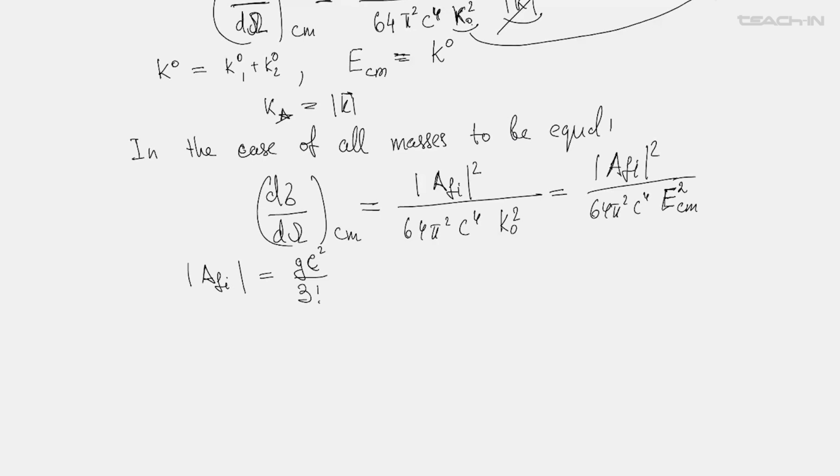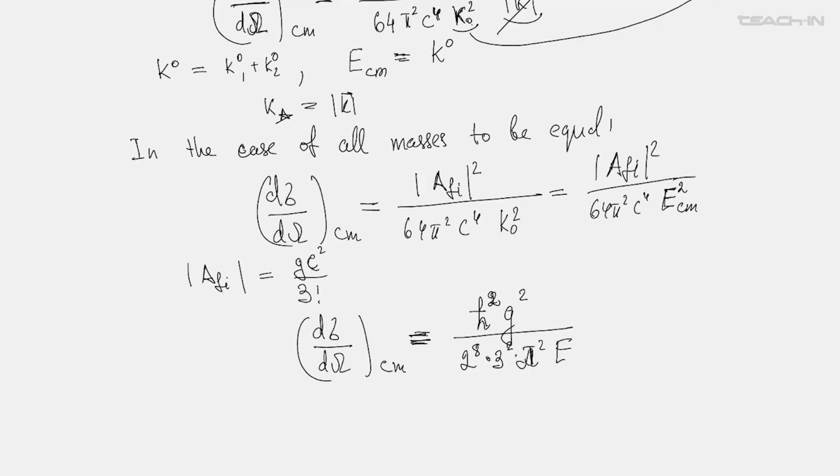If you substitute it into this formula, you get the differential cross section, the distribution dσ/dΩ. I now also restore all physical units: the powers of ħ, g squared, some numerical prefactors, π squared, and the energy of the incoming particles in the center of mass frame. So for the theory of a self-interacting complex scalar field, this is a prediction for experimentalists to find, at least at leading order of perturbation theory.